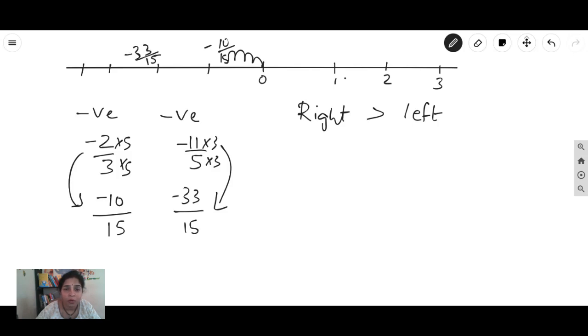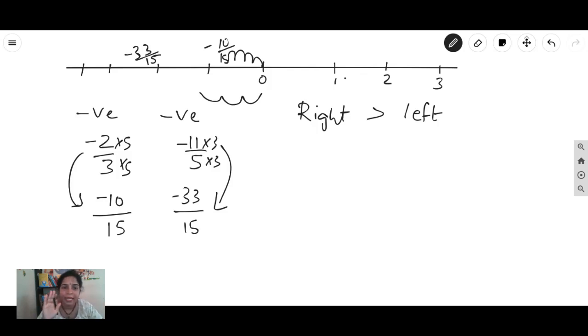Remember that you start counting from 0 and go to the left. When you go to the left, negative 10 will come first. Then later on, negative 33 will come. So in your mind's eye, you can see that negative 10 will be very close to 0 and negative 33 over 15 will be a little farther.